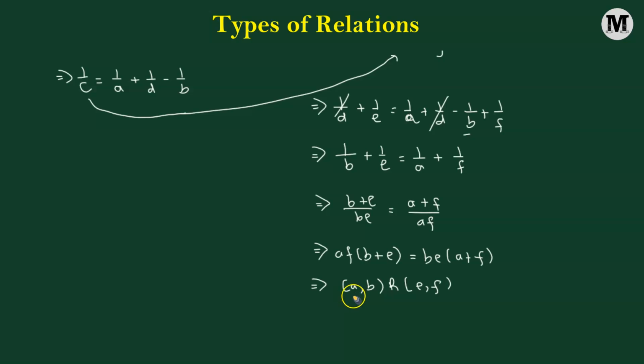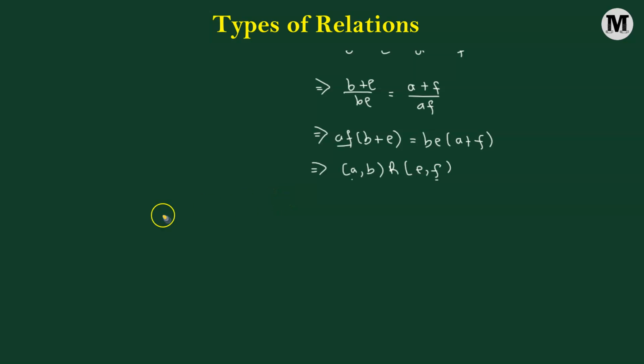We can verify that. Here we have A times F, that's exactly what we're getting, multiplied by (B plus E). This is equal to B times E multiplied by (A plus F). Fine. So here we have been successfully able to show that the ordered pair (A, B) is related to the ordered pair (E, F).